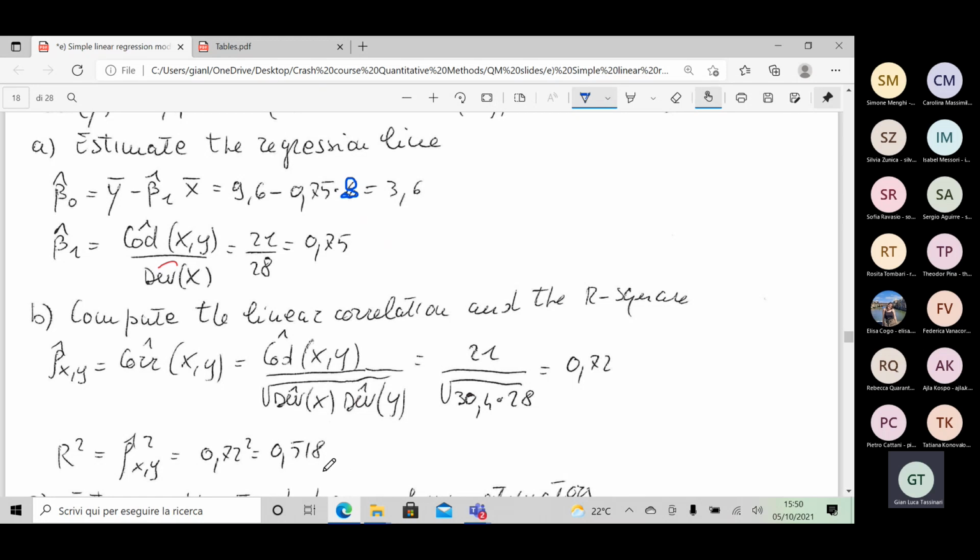What we can say is that about 52% of the variability of the consumption in our sample is explained by the estimated straight line, that is, by its linear relationship with x, the disposable income. So only about 52% of the variability of y, of the consumption in our sample of 10 data, is explained by the disposable income. So it's not huge.